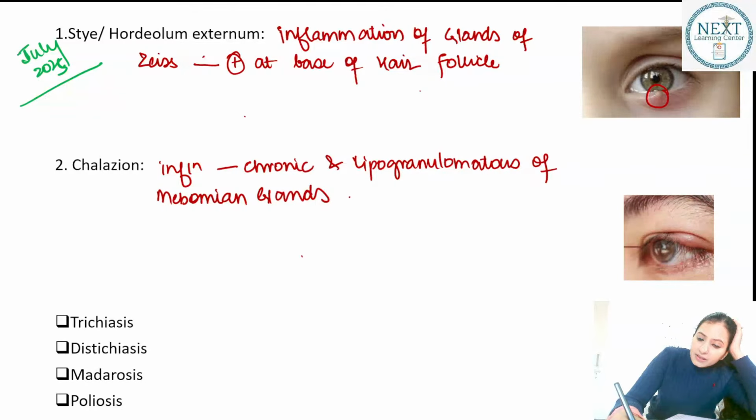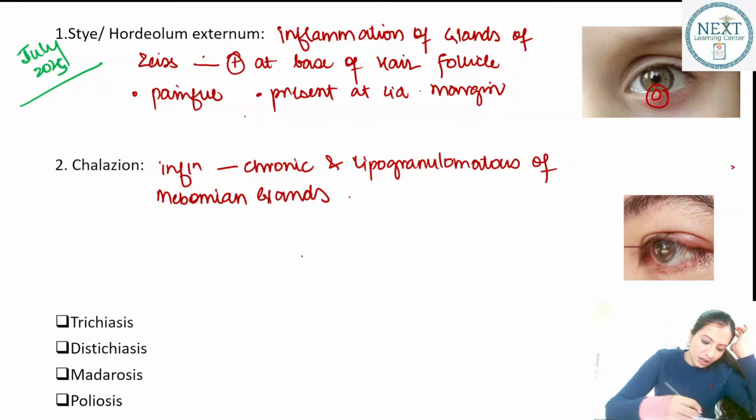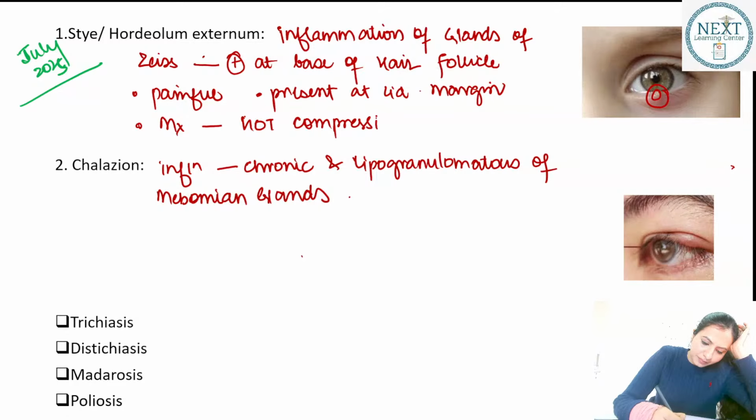Now, since it is here, it is painful, it is present at the lid margin. Very important. Painful, present at lid margin. How will you manage it? You will manage it by hot compression and antibiotics.